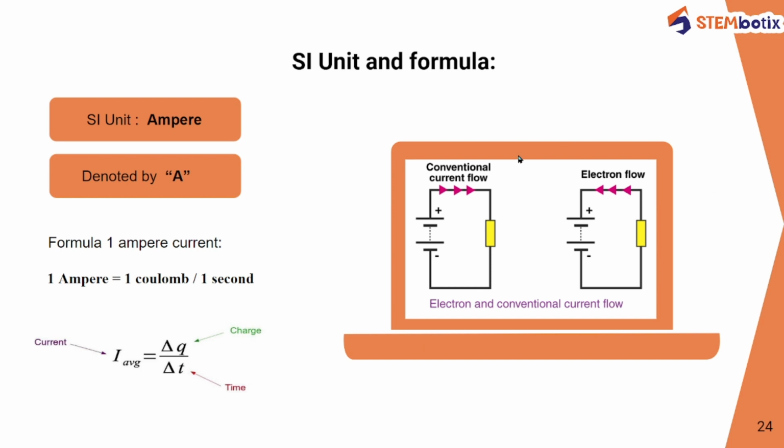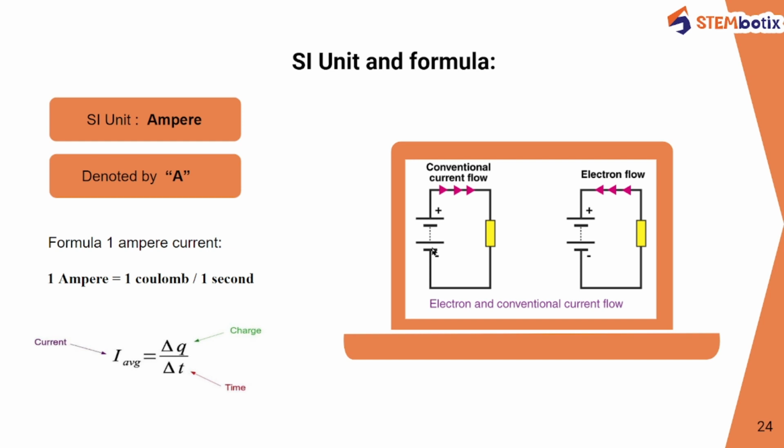We have two different conventions. This is the conventional current flow, from plus to minus, but in reality the electrons flow from minus to plus. But in the conventional method, we use the flow of current from positive to negative.